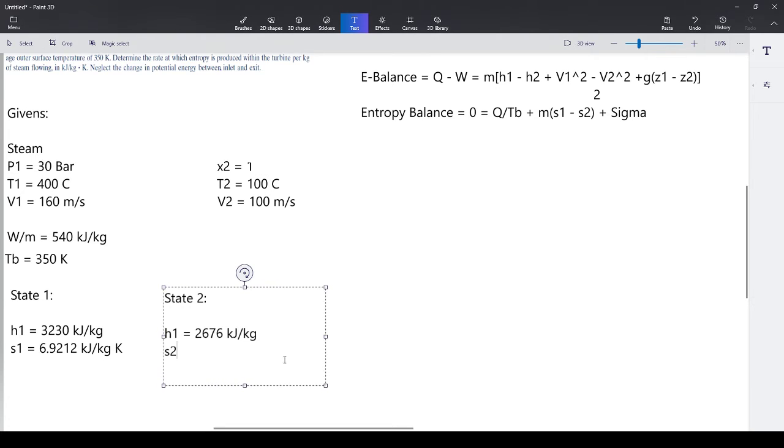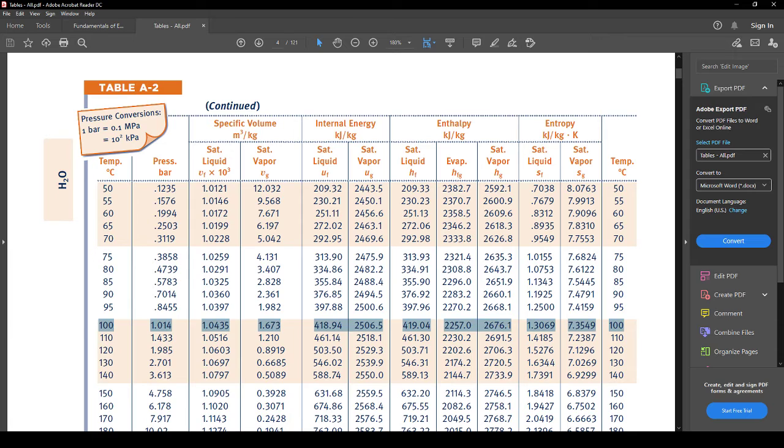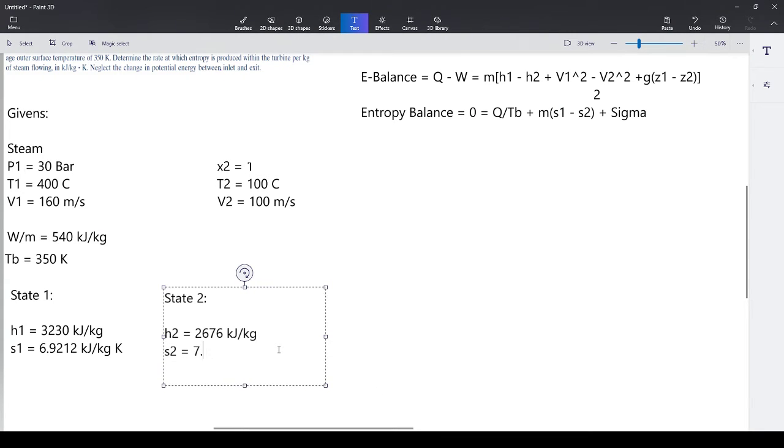And then S2, this should be H2. H2 is 7 point something, but that's not a good enough answer. 7.3549 kilojoules per kilogram Kelvin. Okay, so now we have found enthalpy and entropy for both state 1 and state 2.